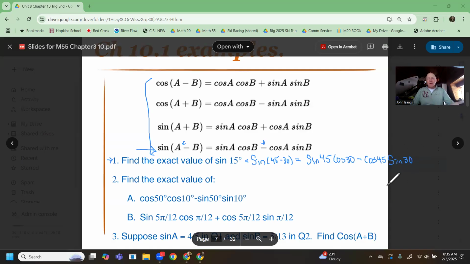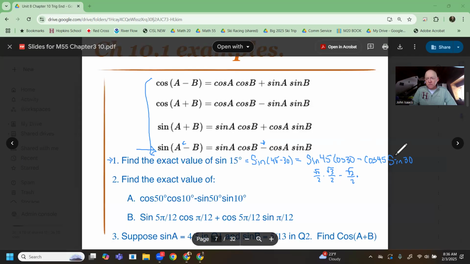Okay. Now we can evaluate all those from the unit circle. Sine of 45, I hope I get this right, is root 2 over 2. Cosine of 30, that's the lower triangle. Cosine value is root 3 over 2. Minus cosine of 45 is root 2 over 2 again. And sine of 30, that's also the lower triangle.